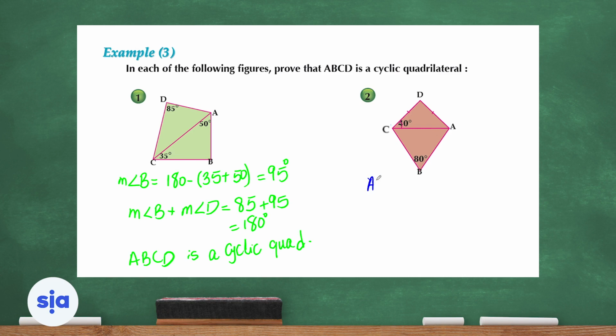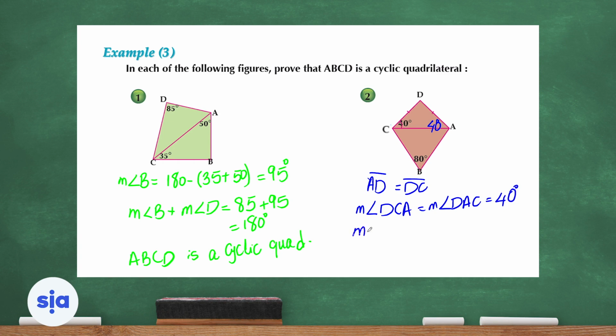Let's check question 2. AD is equal to DC as given. Therefore, the measure of angle DCA is equal to the measure of angle DAC, which is 40 degrees.